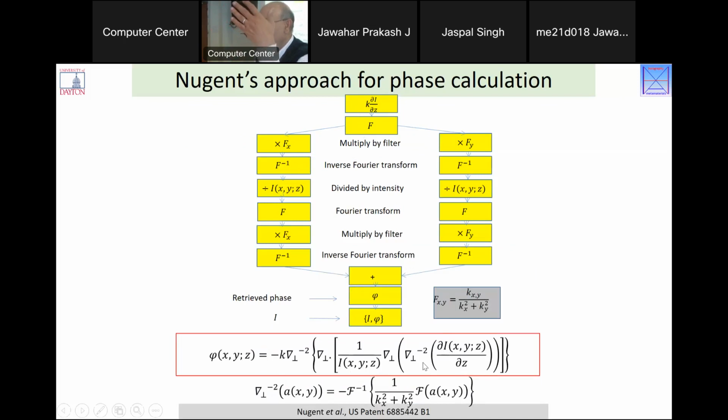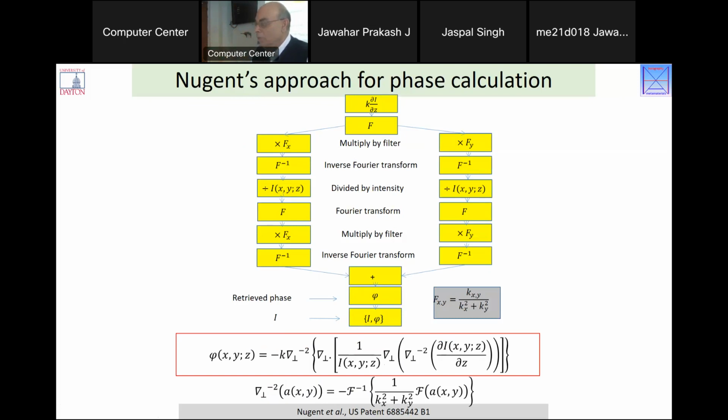Then you have to do this operation over here, and on top of that, the other operation of the del. Remember, del to the minus 2 was like 1 over kx squared plus ky squared, and the del operator means differential operator, which is like j times kx or j times ky.